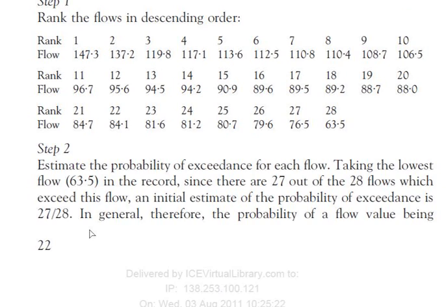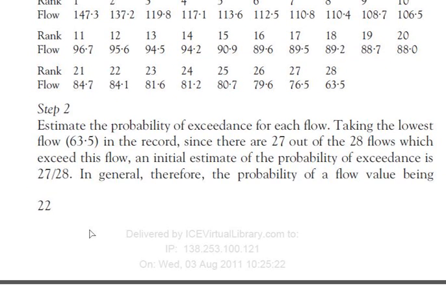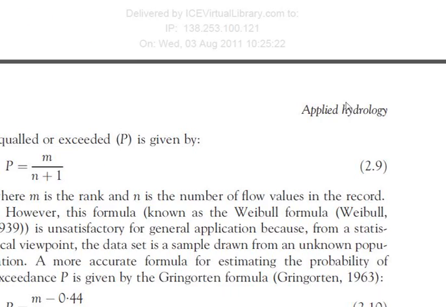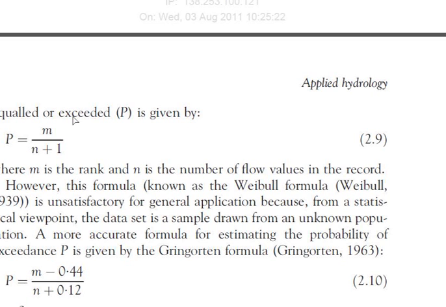There's a very high probability that in any year we're going to exceed this flow based on this data set. And so this is the basis for the Weibull formula, where the probability equals the rank of any given entry in a data set divided by the total number of the flows plus 1.